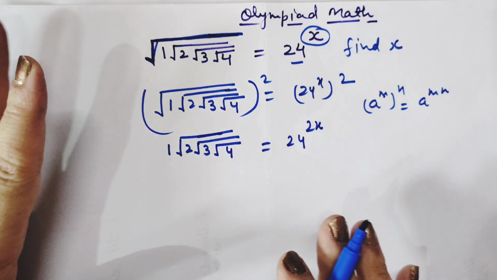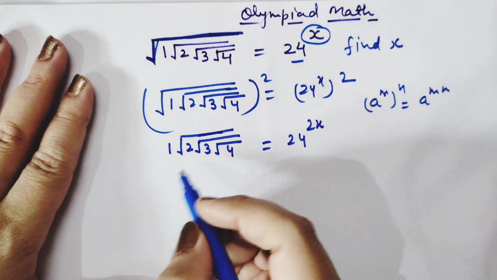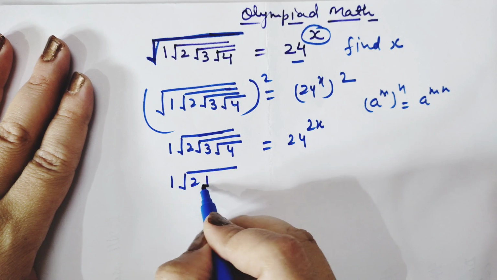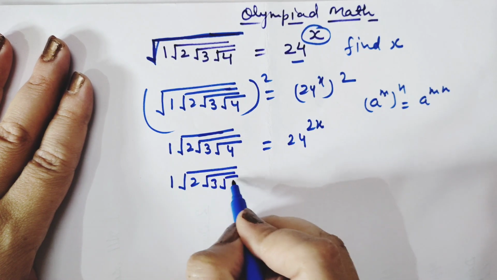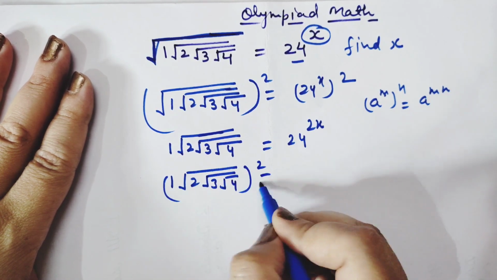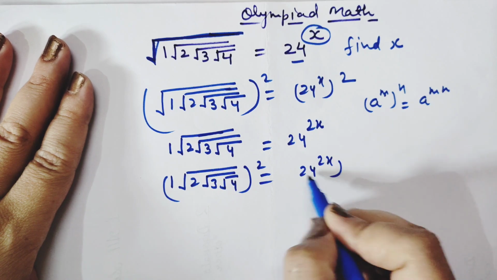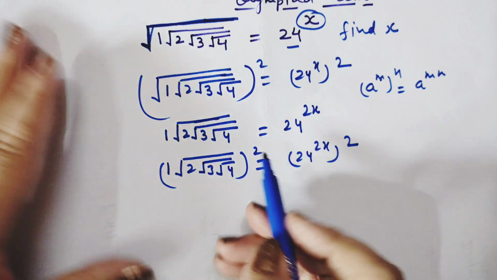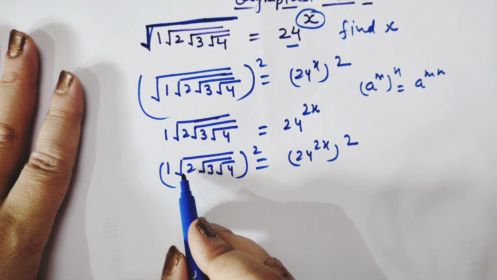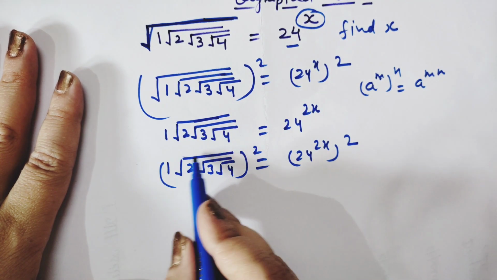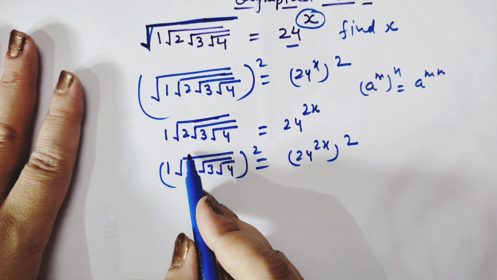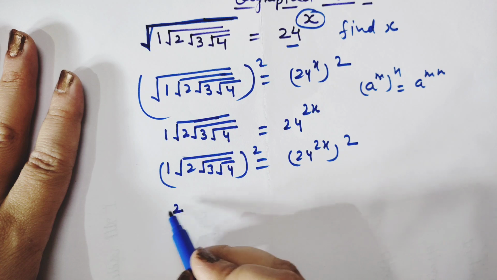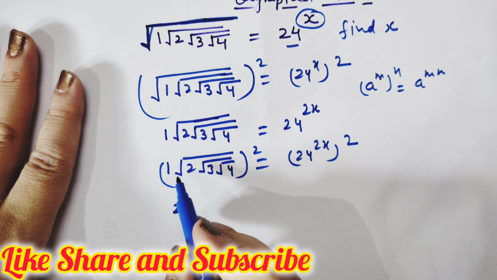After that we are squaring both sides again. Now you can see this 1 squared is 1, so we will not write this 1.